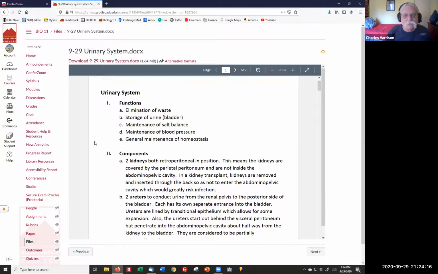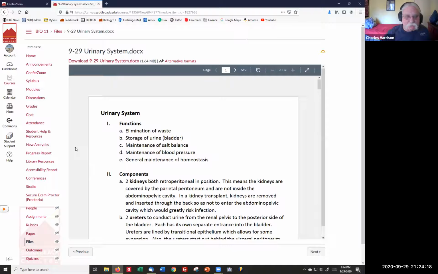Okay, the urinary system is our lecture topic. It's also our reading for the week. The urinary system is fascinating, actually, and at first it's got so many ducts and passageways that you think, oh no, this is just a maze of material, but it all will come together. Functions of the urinary system. Well, one, of course, elimination of waste.